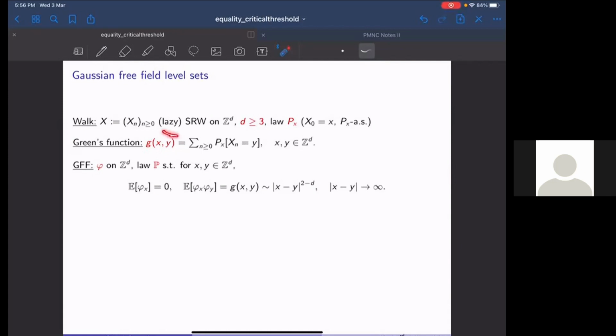Now this defines a kernel on Z^d, and it's actually a non-negative kernel. You can show that you can take the square root of it, because you can break up the lazy random walk into midpoints of the lattice to show that this is square rootable.